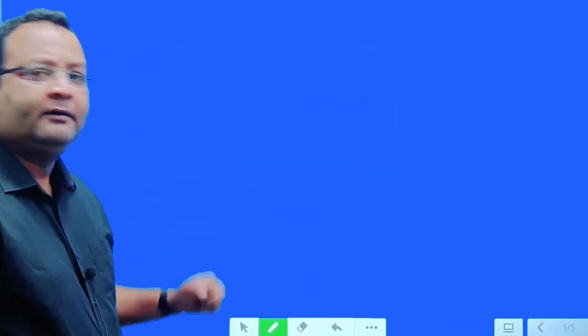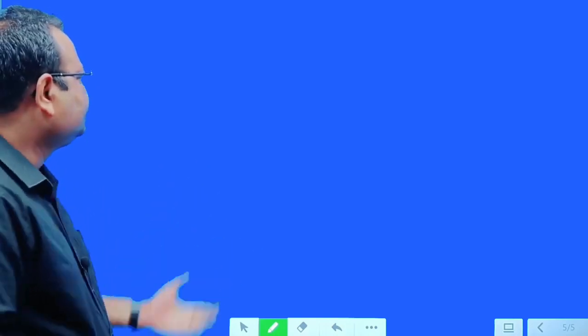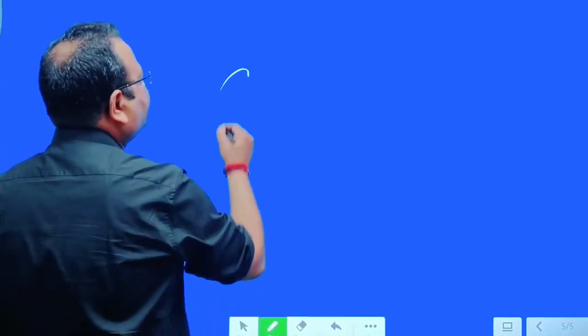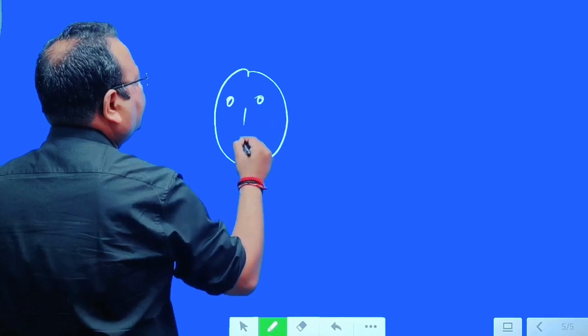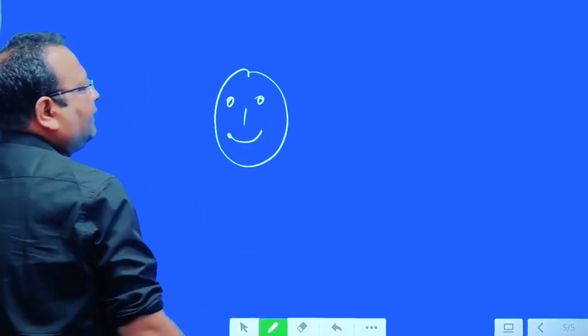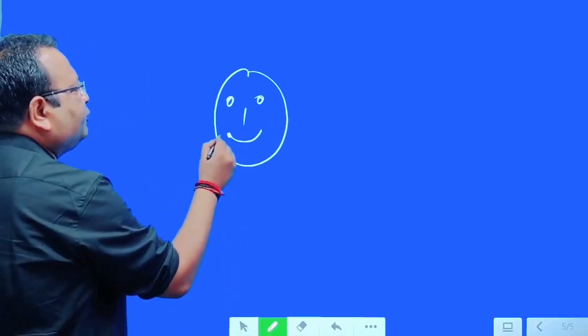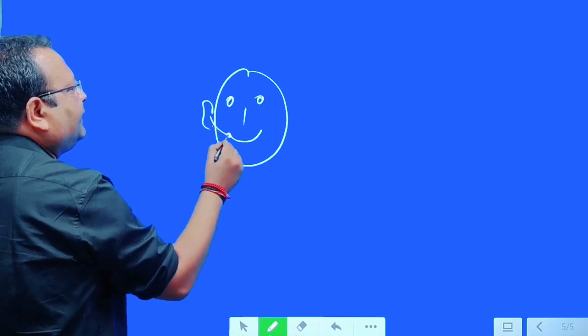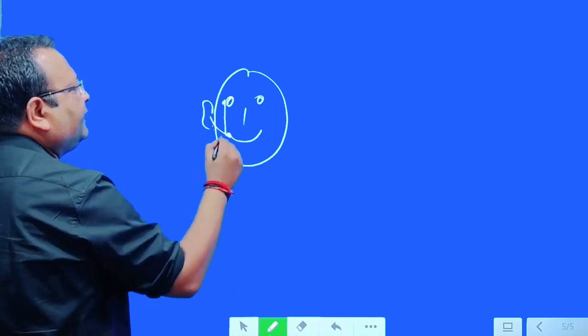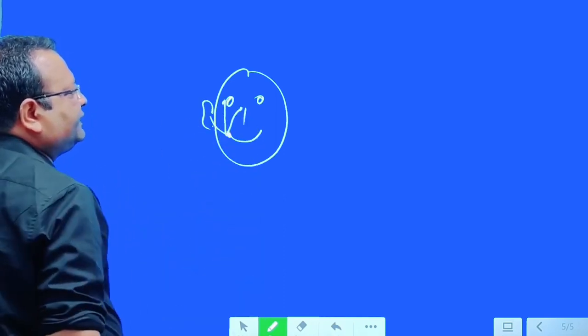Now coming to the radiating nature. Let's see, if this is the face and this is the angle of the mouth, it can radiate up to the ear, up to the eye, up to the nostrils.